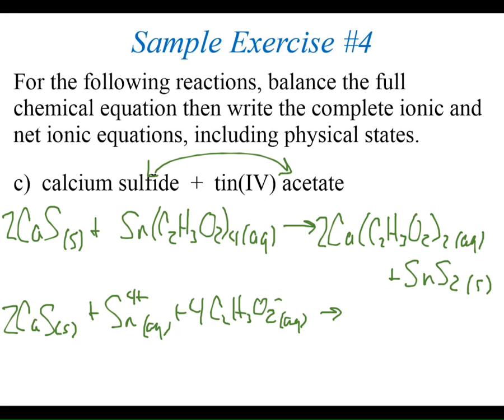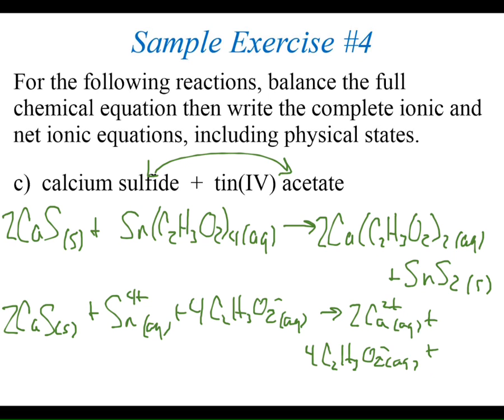So 2 calcium acetates make 2 calcium, right? So what do I write? 2Ca 2 plus aqueous, and there's 2 times 2, so everybody see it's 4 acetates, right? Everybody see why it's 4? Okay. So I'm running out of room here, so I'll write it down here. 4 acetates, 4C2H3O2 negatives, aqueous.